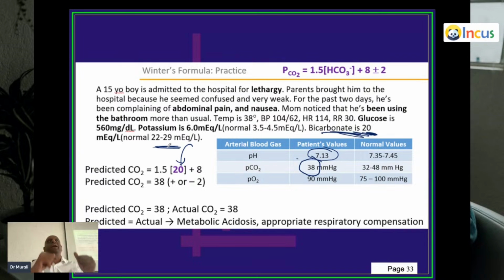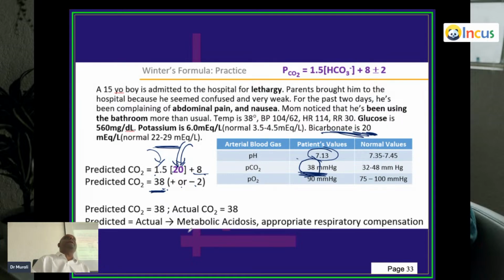Understand? Now let us see what the predicted CO2 level is. 1.5 into the patient's bicarb value plus 8. What is the patient's bicarb value? 20. 20 into 1.5 is equal to 30, plus 8 is equal to 38, plus or minus 2 is what? 40 or 36. And what was the actual measured value? 38.